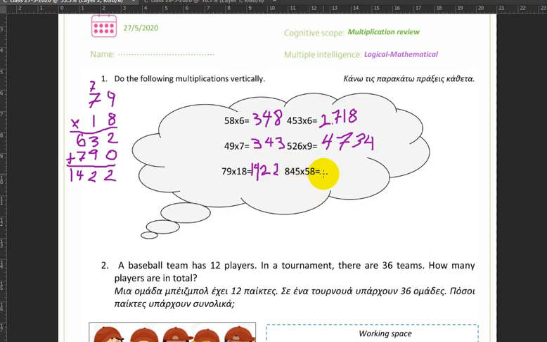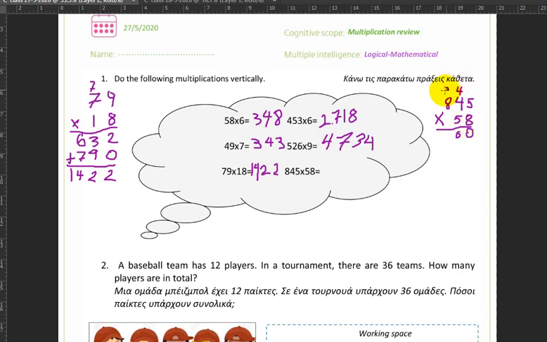Next we have 845 times 58. 8 times 5 makes 40, so I write 0 and carry 4. 8 times 4 makes 32, plus 4 that I carried over makes 36.